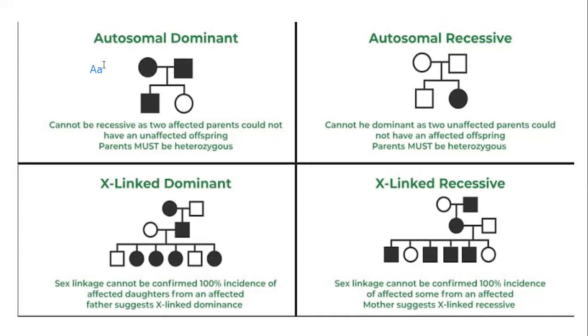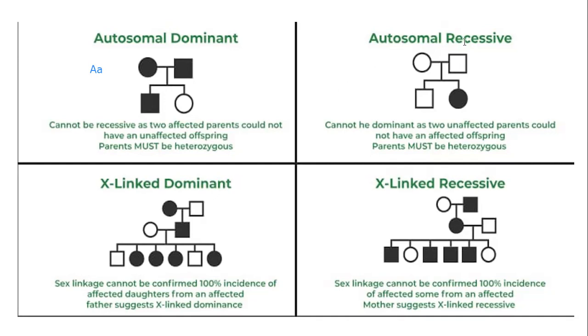So the parents are present in heterozygous combination. That's why they pass their dominant allele to their son and their recessive allele to their daughter. So their daughter is normal, but their son is affected. This pedigree cannot be recessive, as two affected parents could not have an unaffected offspring.